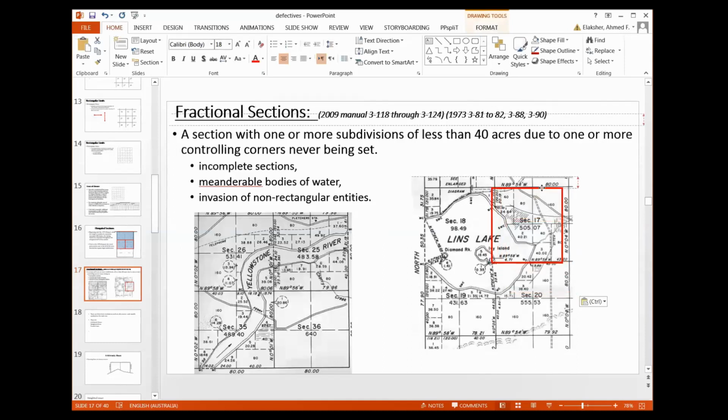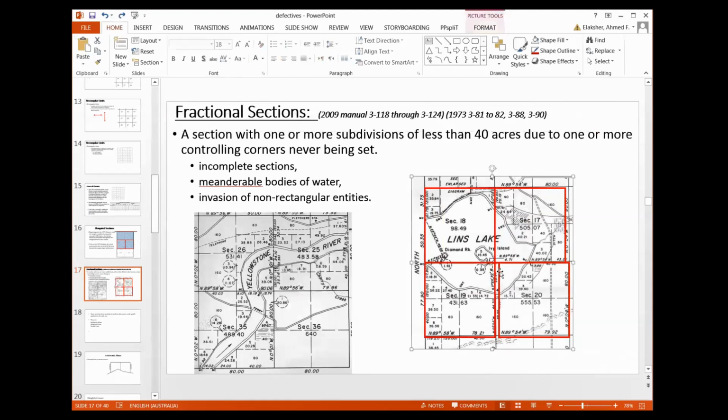This is section 17. This is section 20. And this is section 19. And this is the other section. You have to figure that out. That's exactly, yep, that's section 18. 17, 18, actually it's written here, 19, 20.